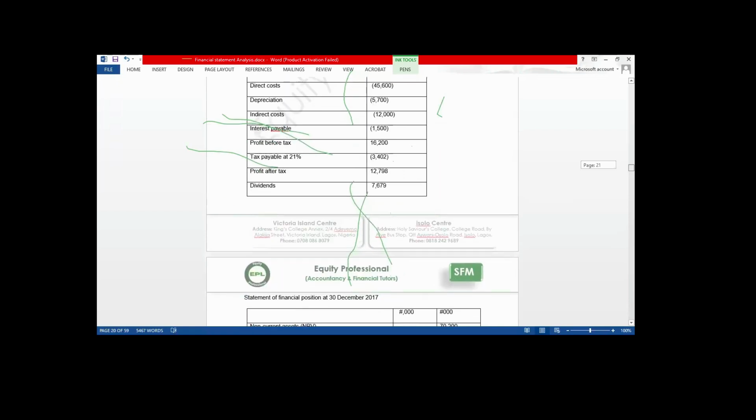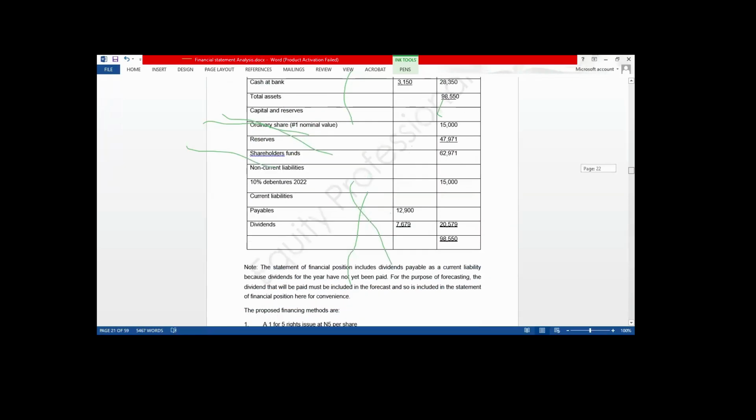That means direct cost will increase by 8%. So let us look at the income statement. What is the direct cost for 2017? For 2017, direct cost was 45,600. This will increase by 8%.